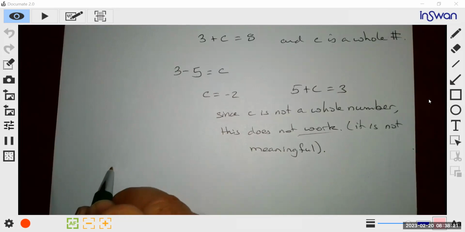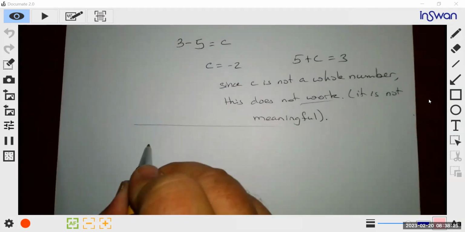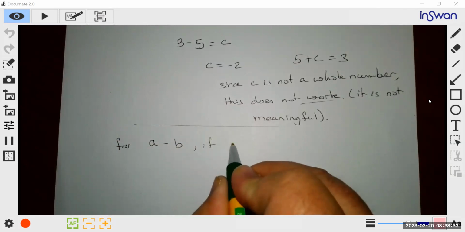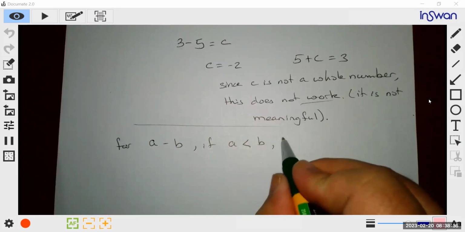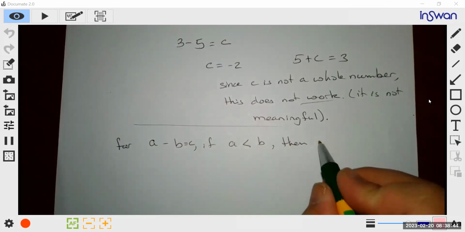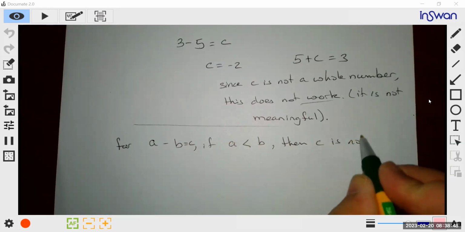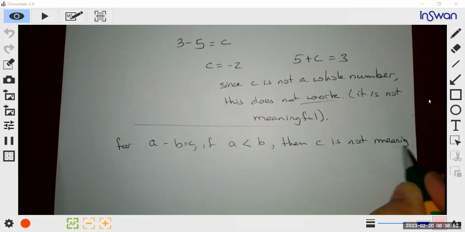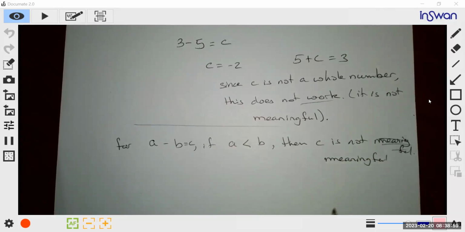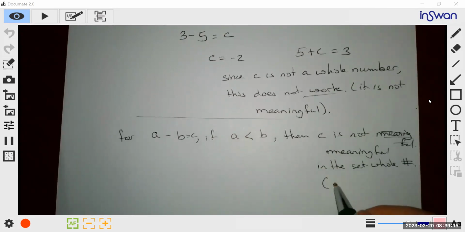Basically, this is summed up. It says this: for A minus B, if A is less than B, A minus B equals C, then C is not meaningful in the set of whole numbers, which means it's not closed.